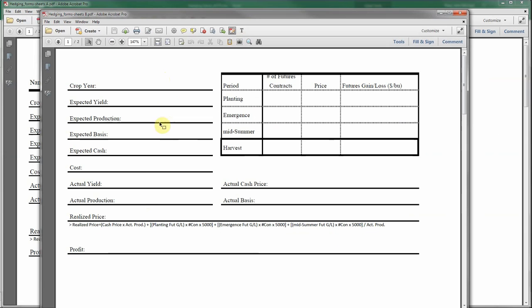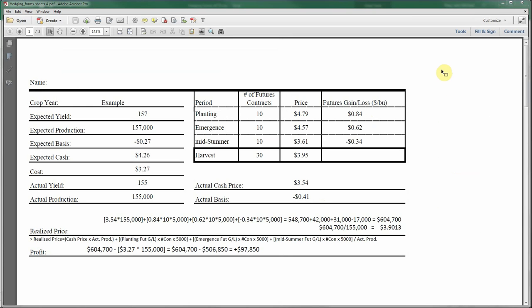They jot down that first set of information: expected yield, expected production, expected basis, and expected cash price. Then they move through making decisions about the number of futures contracts, what the price was at that point in time, and once they know the final price, any gains or losses that were experienced on that trade. All of that is recorded by them.